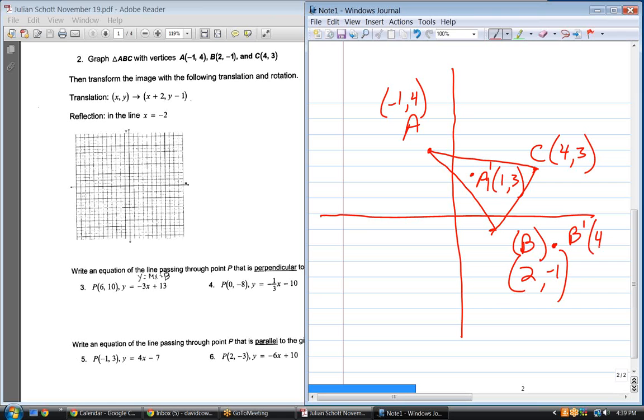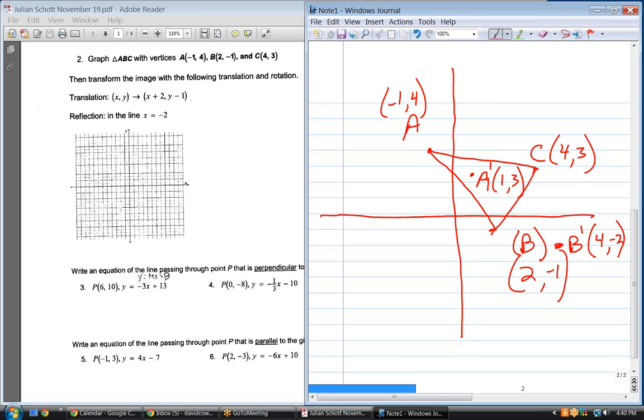And it is 4, comma, hold on, let me do this again. 2 units to the right. Oh yeah, that's correct. 2 units to the right and 1 down. I was correct, I was just thinking about it wrong. And that was B prime, 4, comma minus 2.